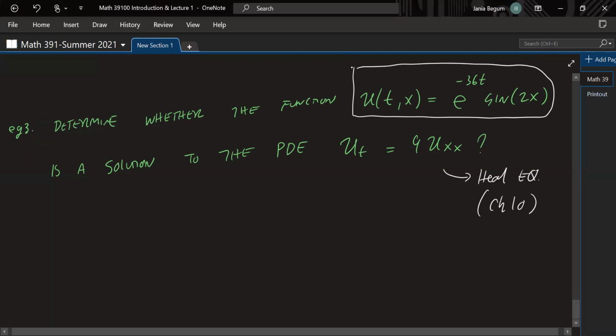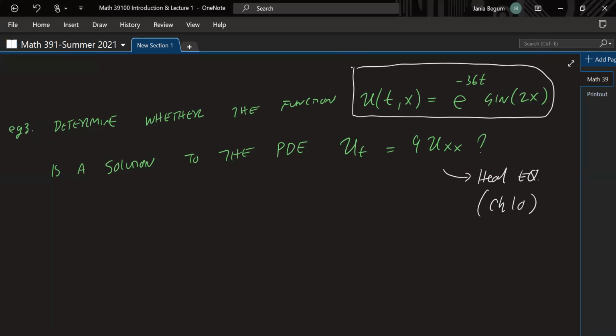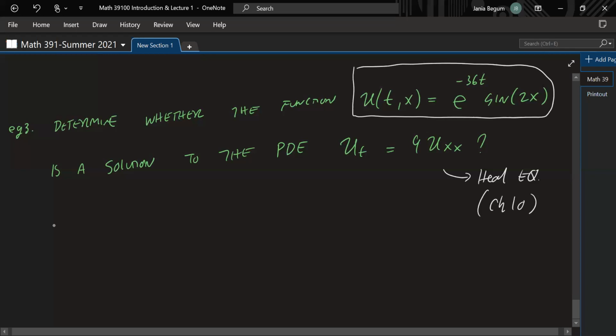So I have this function which depends on two variables, t and x. u is the dependent variable. So you can think of u as y, but instead of y, we're writing u. So you have u, which is a function of t and x, is equal to e to the negative 36t sine of 2x.